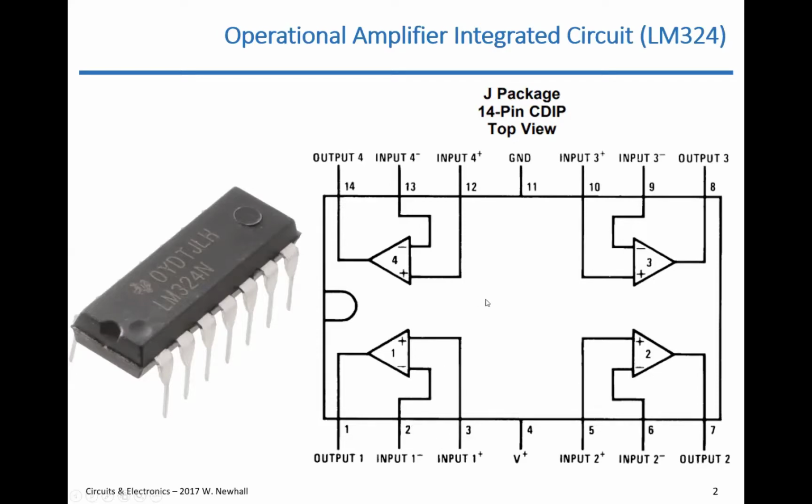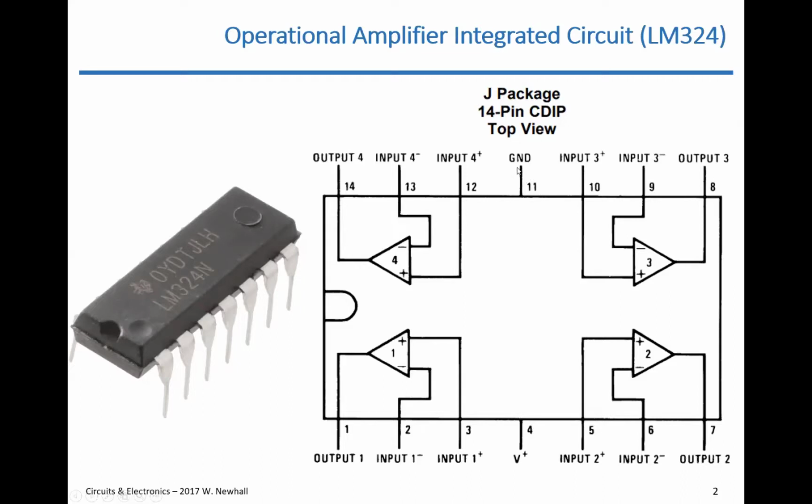The power, the VEE and VCC that we drew on the schematic symbol last class, that's actually labeled here as V plus and ground, right? So it's a little confusing if you work with these in the future. In reality, V plus is VCC, ground is VEE, and don't confuse V plus with the non-inverting input to the op-amp.